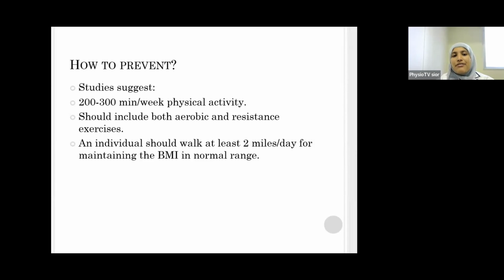You can divide this into 5 days of walking, probably jogging or swimming if you can. And then you can have resistance exercises in which you work your large muscle groups such as your back muscles, your glute muscles, your lower limb muscles, to increase your lean muscle mass and reduce your fat mass.